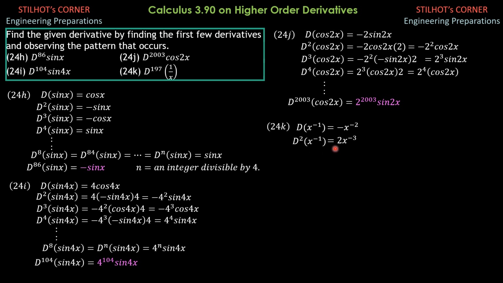For the third derivative, we know that 2 is also 2 factorial, and x to the negative quantity 2 plus 1, so x to the negative 3. The third derivative is 2 times negative 3, so that's negative 6, x to the negative 4.